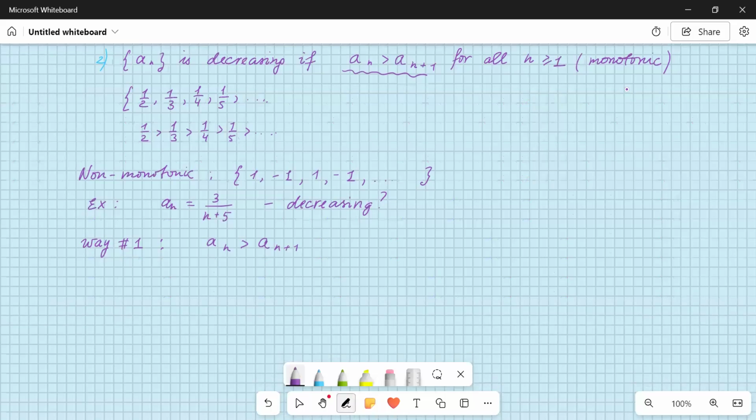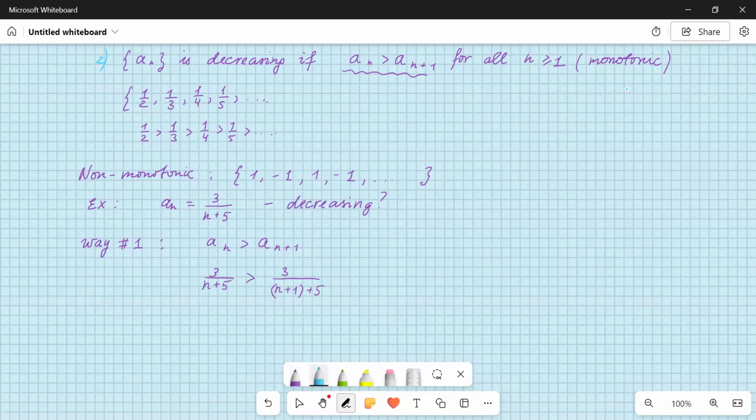What I'll need to do to prove this? I'll need to place element a_n over here, 3 over n plus 5. And I'll show that element n plus 1, where n is 1 unit greater, is going to be less.